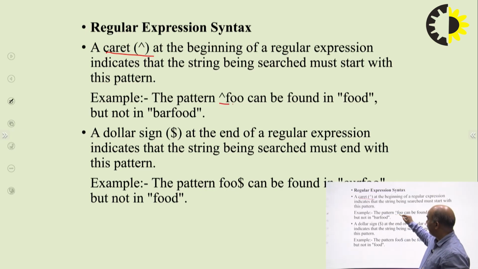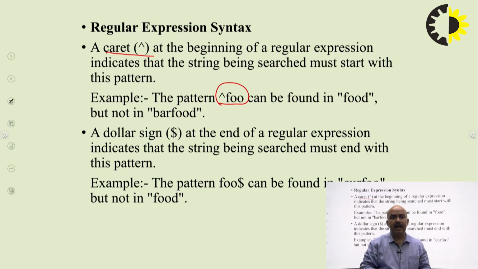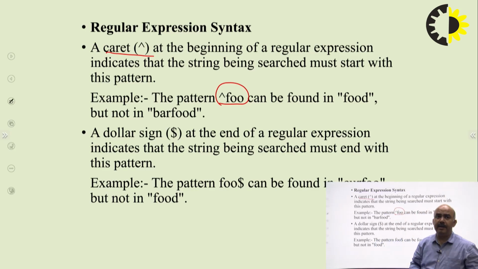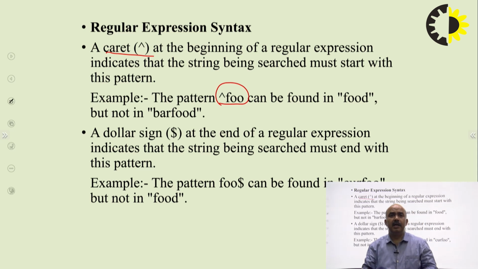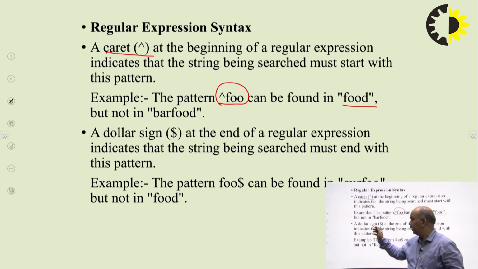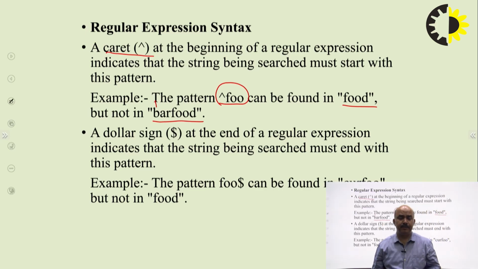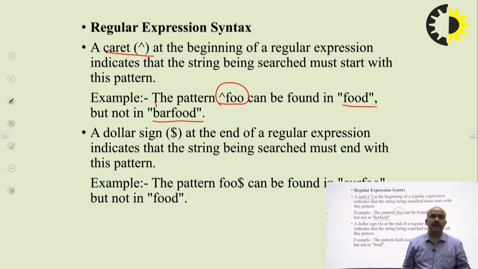If we need to identify whether the first character must start with F, then FO must be there at the start, so it can be found in food, but it cannot be found in barfood, because there the first letter is B. Okay.